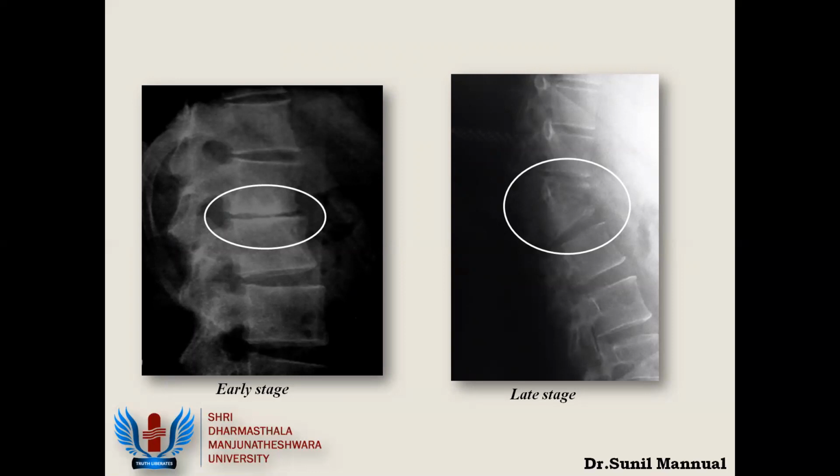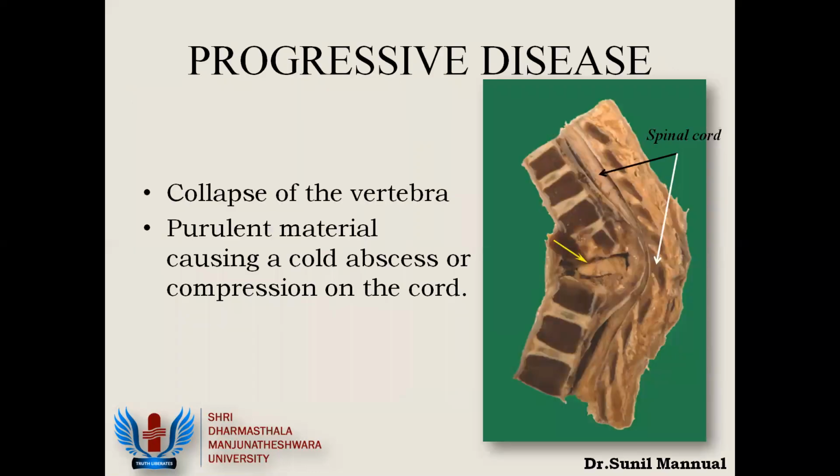Moving to slide number 10. So basically here, once the vertebra is eaten up by the infection, then the vertebra has no choice but to collapse. And this collapse will result in a secondary compression on the spinal cord. Now, what I have marked in yellow, that area, if you notice, is two vertebrae.